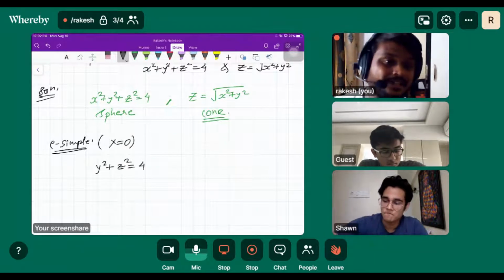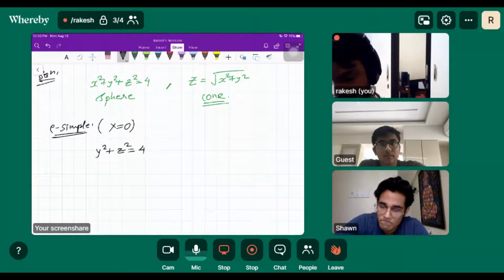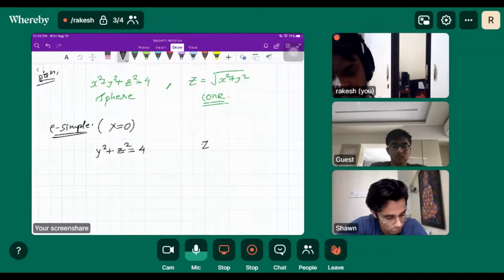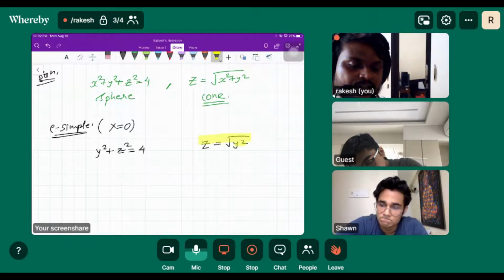Now that's a circle, right? So let me draw the circle. Suppose we put x is equal to 0 for the cone, what do we get? Z is equal to root y square. Do you remember this equation?